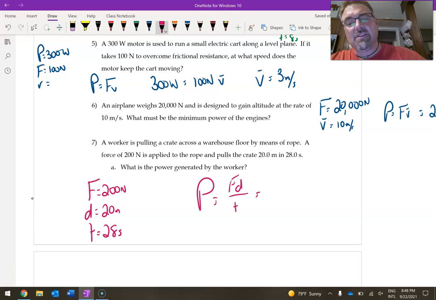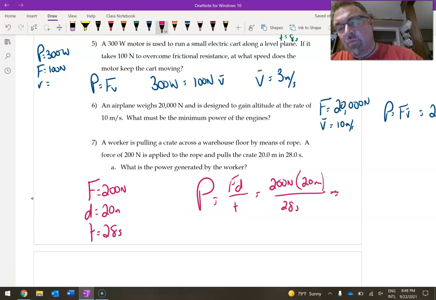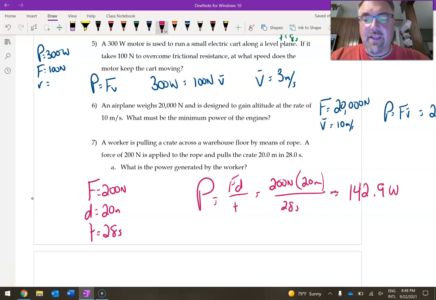And so my force applied, 200 newtons. The distance, 20 meters. And then I'm going to divide that by my 28 seconds. And I'm going to get a power of 142.9 watts. And once again, I could leave that as newton meters per second and be perfectly right.